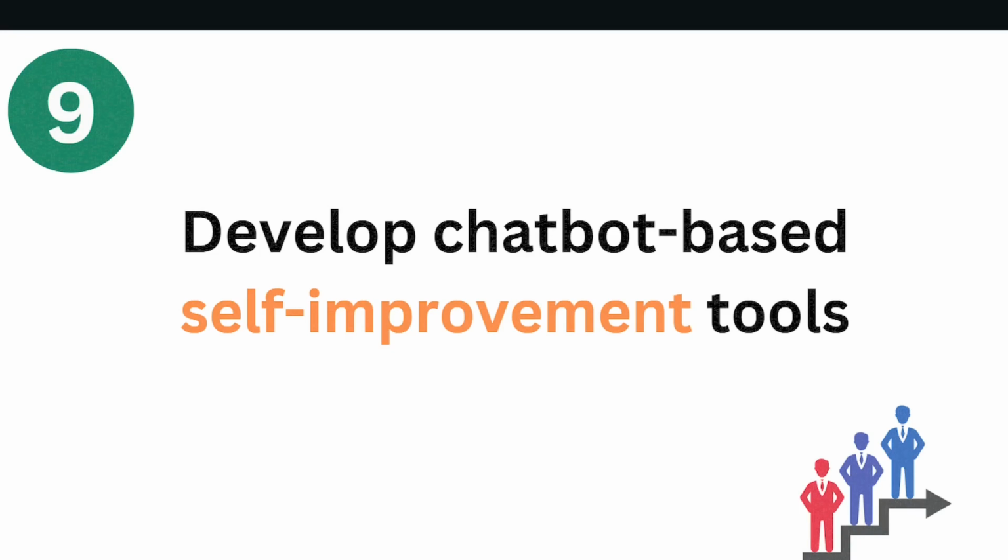You can use ChatGPT's API to create chatbot-based self-improvement or personal development tools that allow users to set and work towards their goals, track their progress, and receive support and motivation. So look into it to see how you can build chatbot-based self-improvement or personal development tools for users to track their progress.